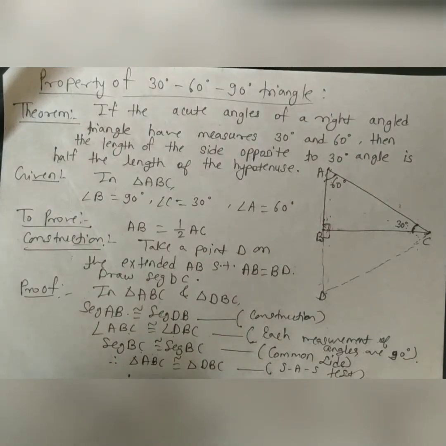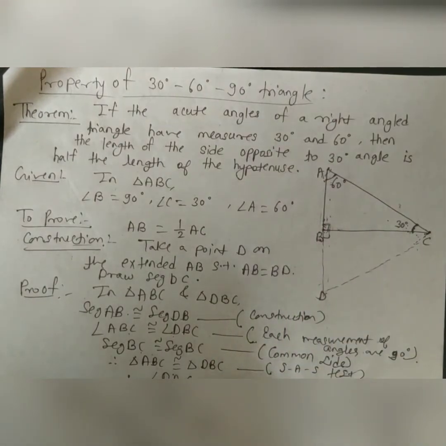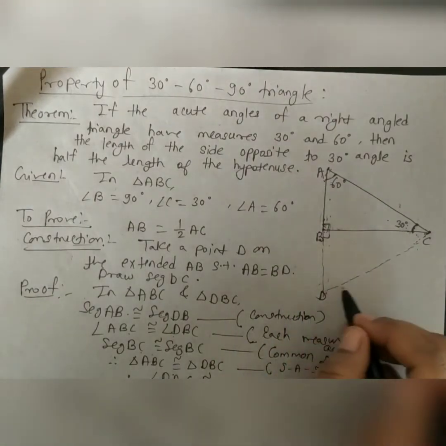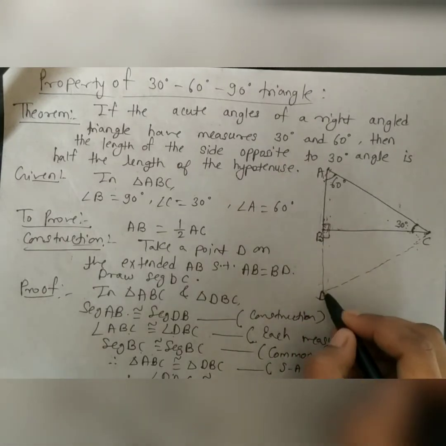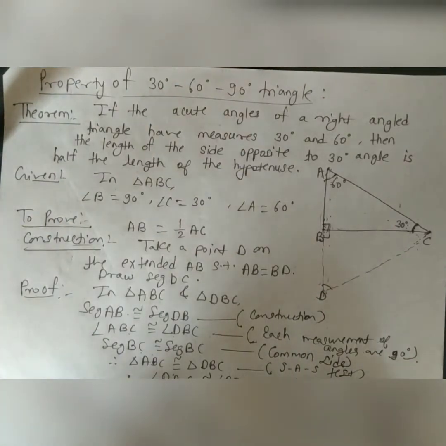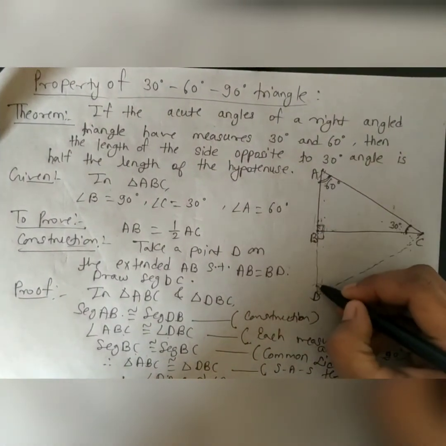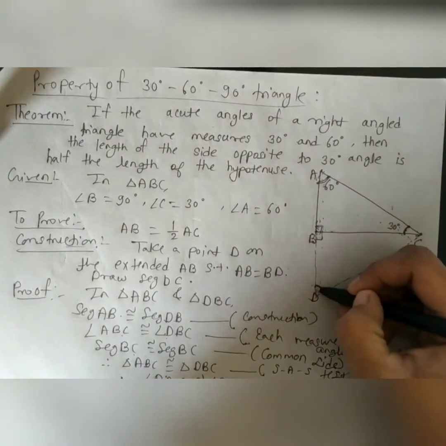Therefore angle BAC is congruent to angle BDC, and the reason is that these are corresponding angles of congruent triangles. By corresponding angles of congruent triangles, these two angles are equal.